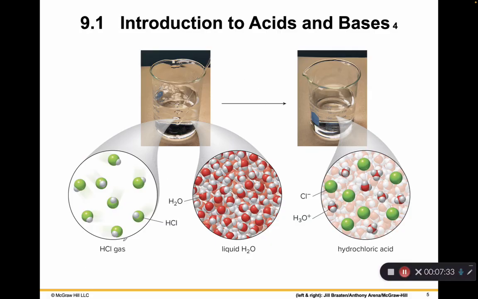When you add HCl gas into the water, the HCl breaks down into H plus and Cl minus. H plus goes and attaches to a water molecule and it becomes the hydronium ion.